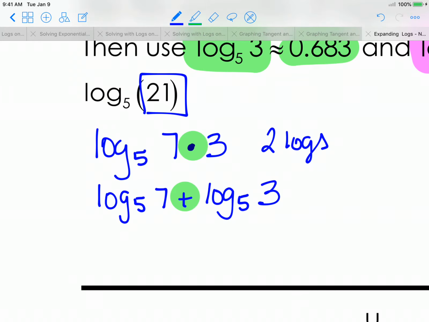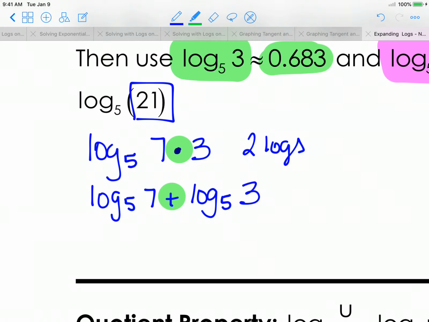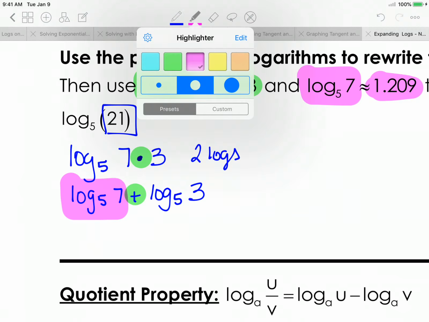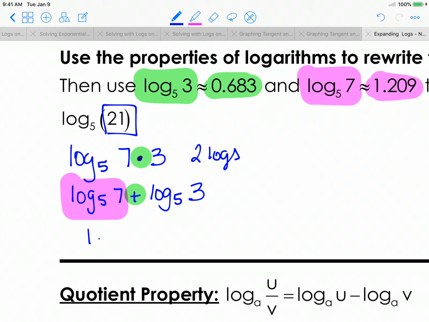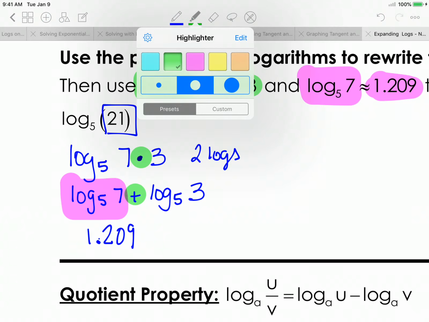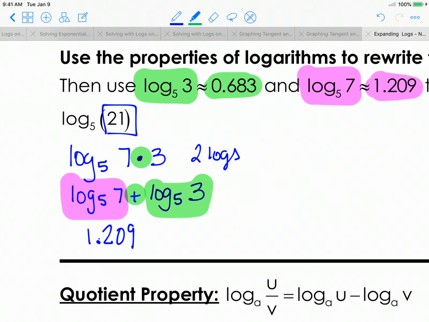Now look what I can do. Because it's given in my problem that log base 5 of 7 is approximately 1.209, I can just substitute 1.209 for log base 5 of 7. And then I can do the same thing with log base 5 of 3.